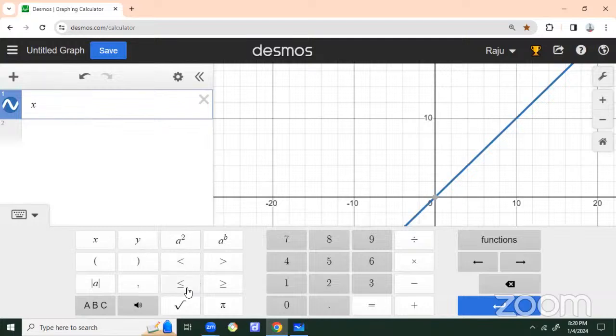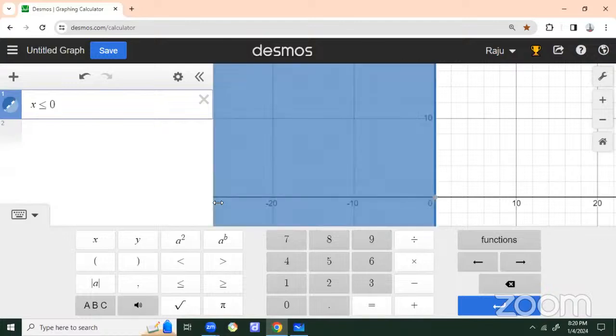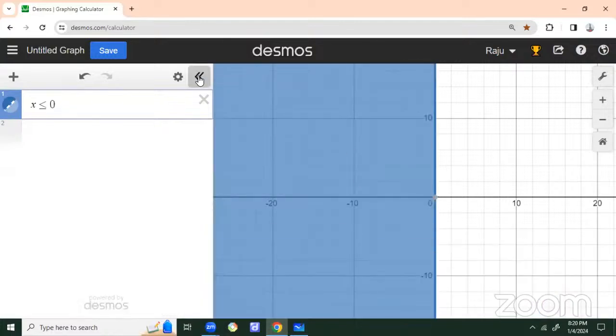X less or equals to 0. Where will be the solution for the inequality x less or equals to 0? Can you guess? Ms. Dakal, can you guess the solution region for x less or equals to 0? Second quadrant and third quadrant. Okay, let's see here. Yes, Dakal is correct.